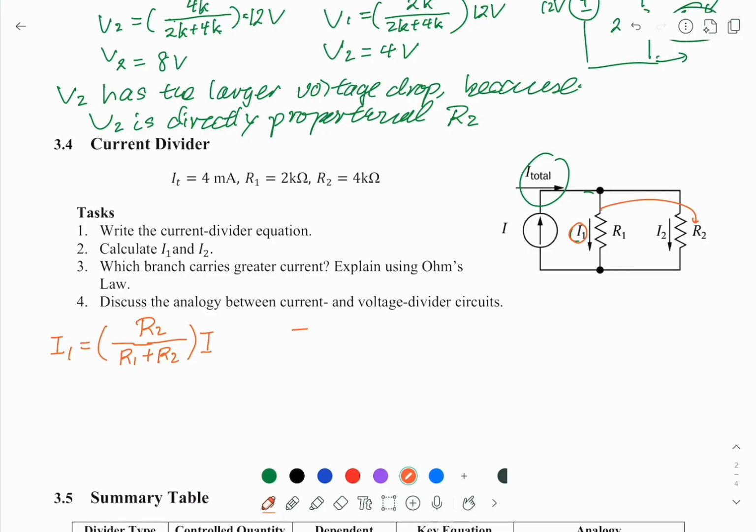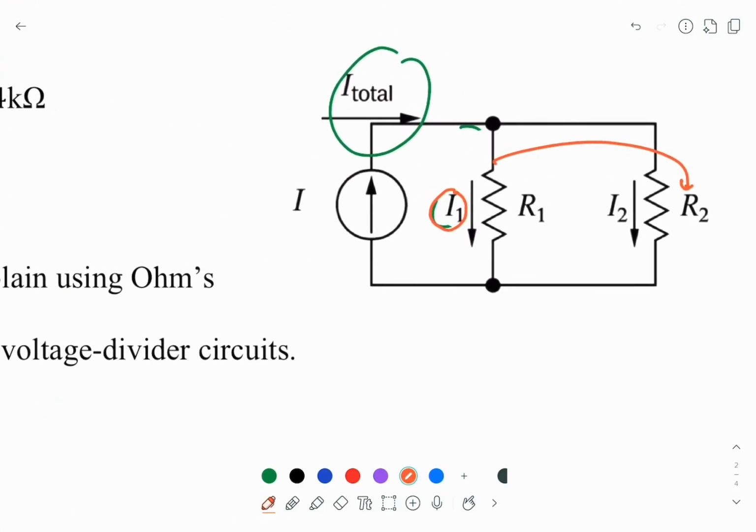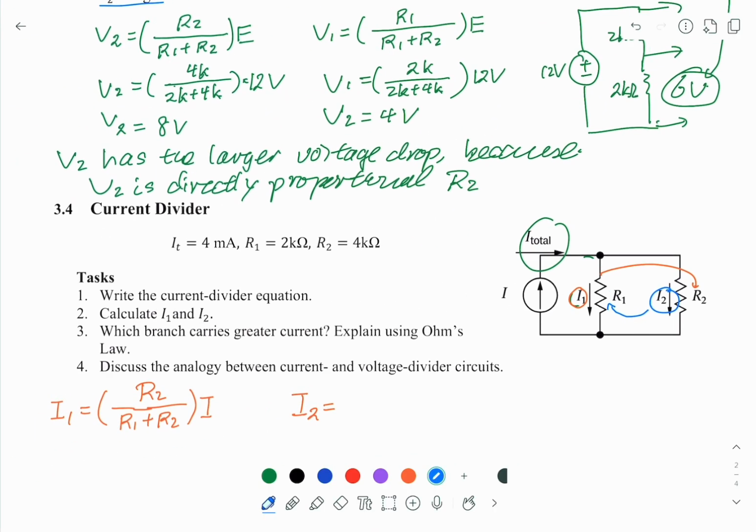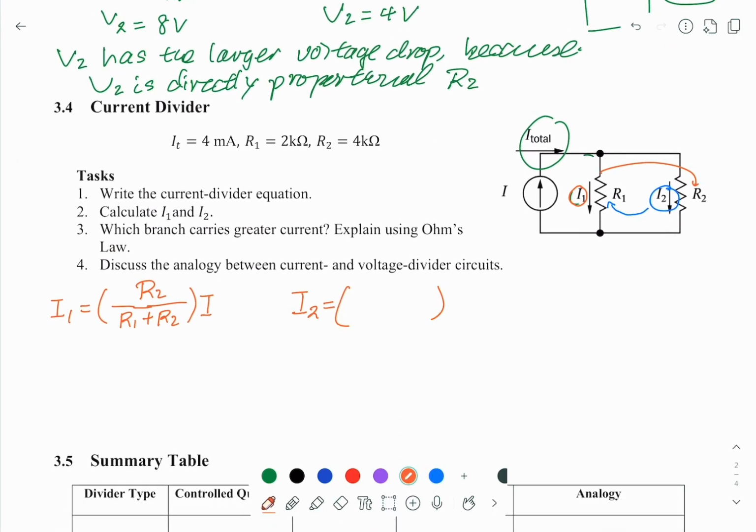The same here, I2, the current passing through R2, is proportional to R1. So I total times R1 over R1 plus R2.